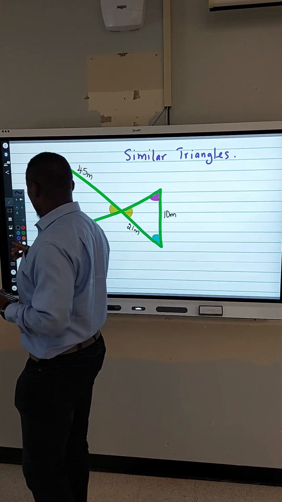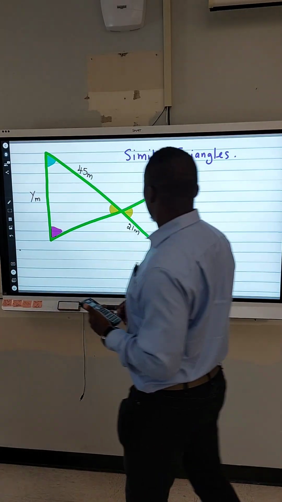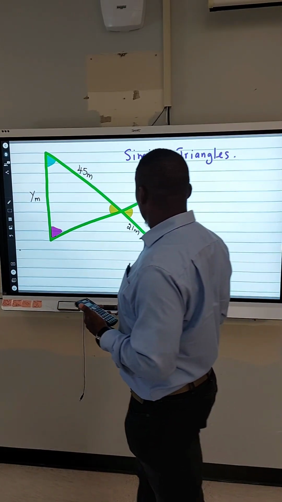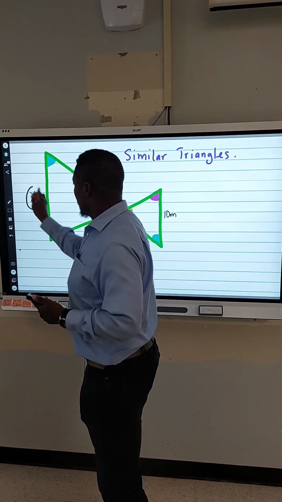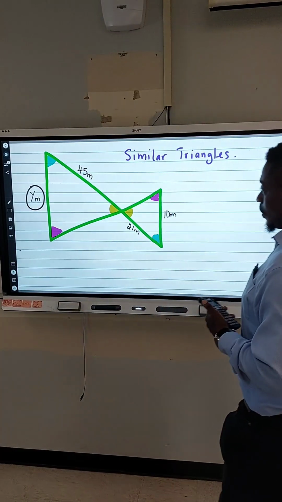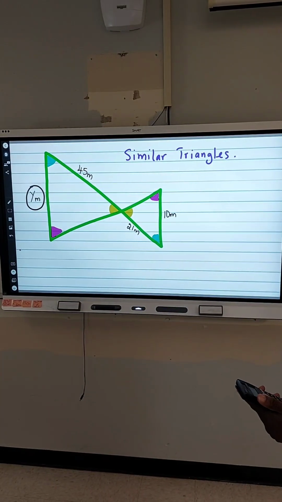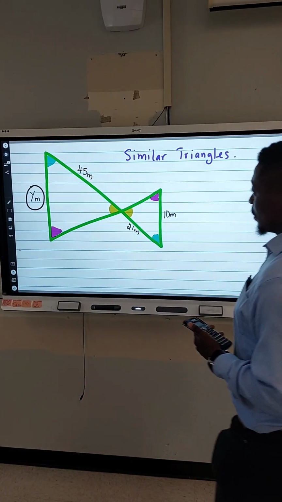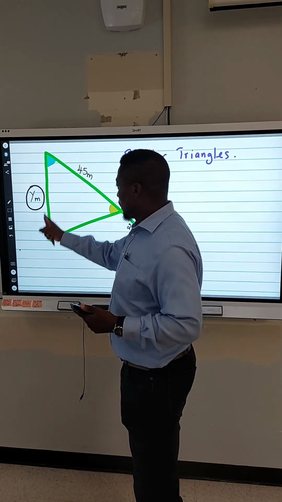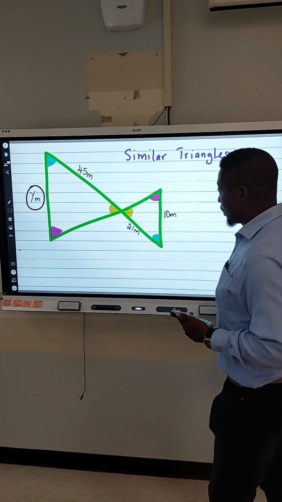Let's use the proportionality to find the missing sides. In this case, the only missing side we have is the y meters that is represented by a variable. That tells us that we don't know what this height is, and we want to find it.